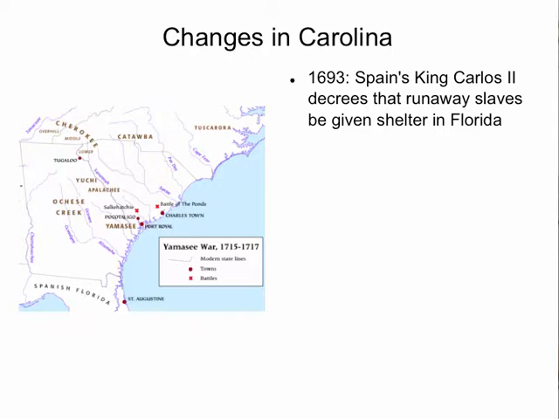Now, this was a very attractive offer, and there were quite a few African Americans who did manage to escape from the Carolina colony, even from Virginia, and find their way to Florida, where they were allowed to live as free men and women.